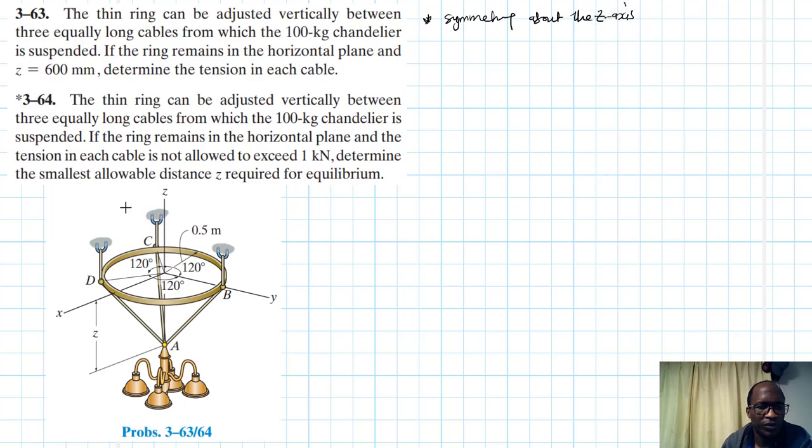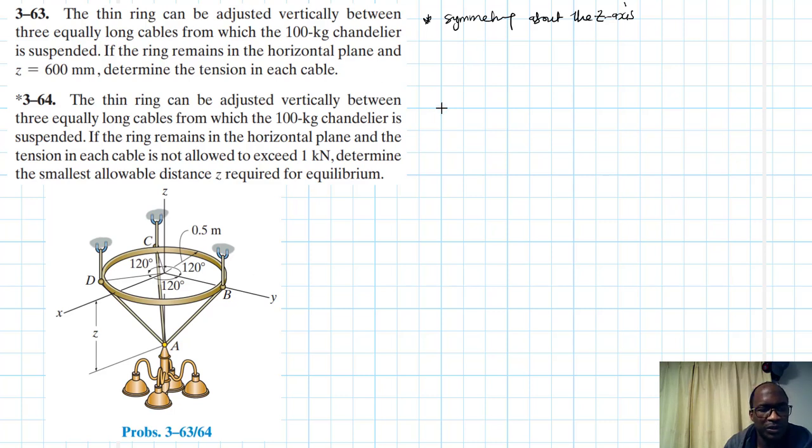Here they are spaced equally, measured by these angles of 120 degrees and 120 degrees, so we can cut these portions that are equal. They are all equal, right? This makes this particular system symmetrical.